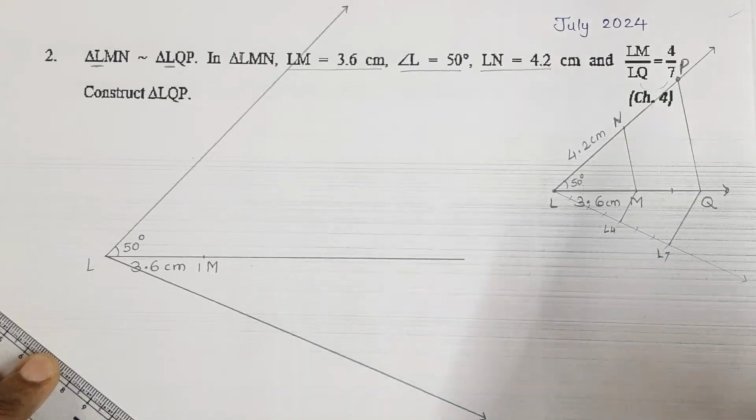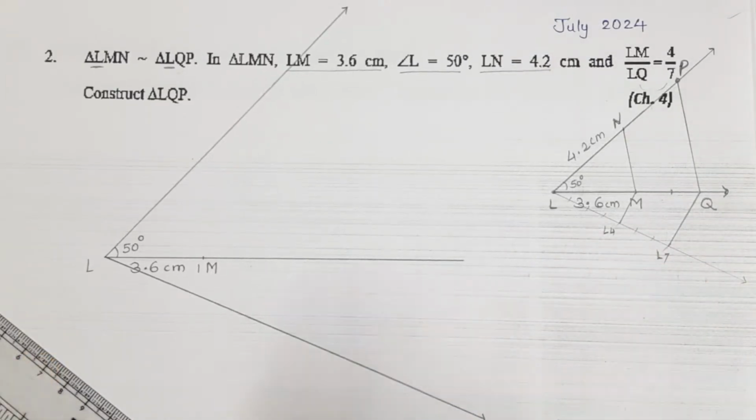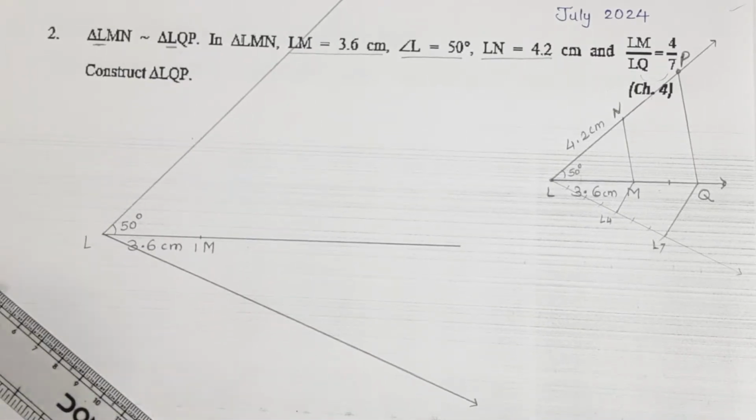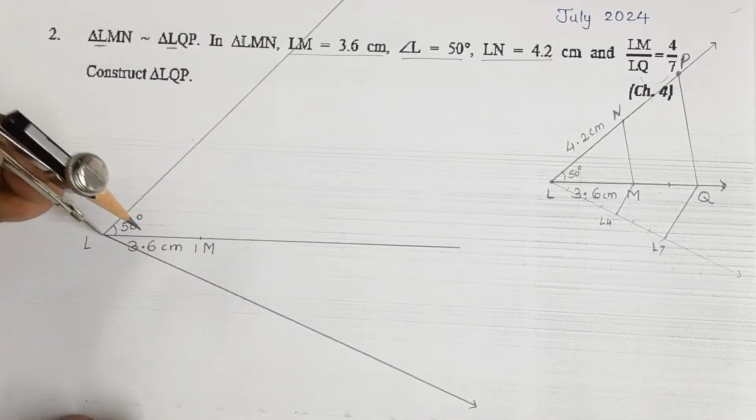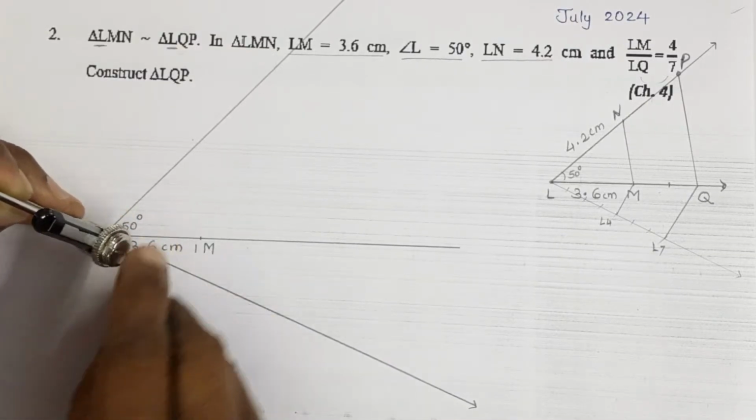And then students, I mark on this ray up to 7, making proper specific measurement.